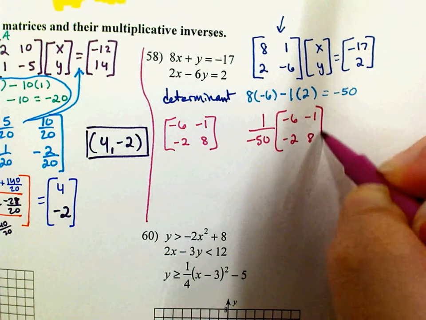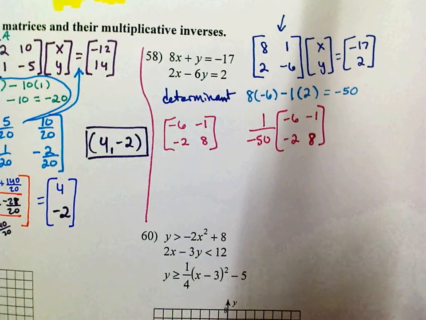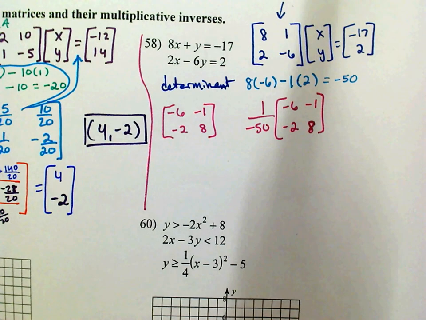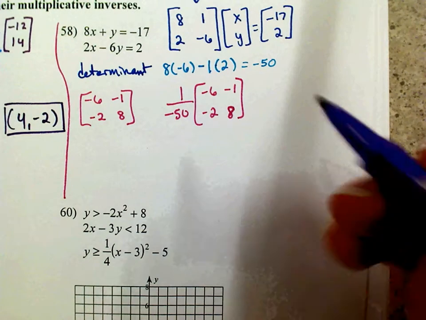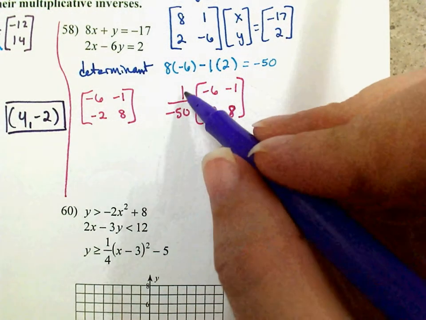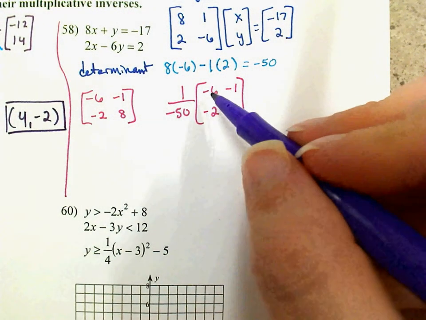Do I simplify with the 50? Like if I have 6 over 50, am I going to simplify that fraction? I mean, you can, and sometimes it works out pretty nicely. But in general, if we just leave it, you don't have to worry about common denominators later on if one doesn't. So when I multiply -1/50 times -6, what do I get?